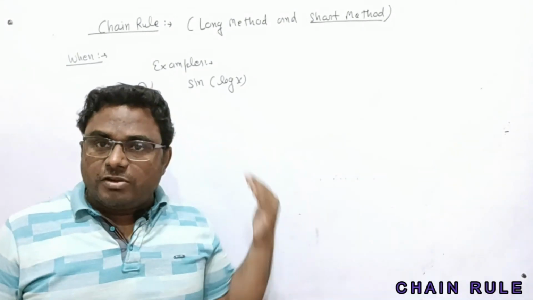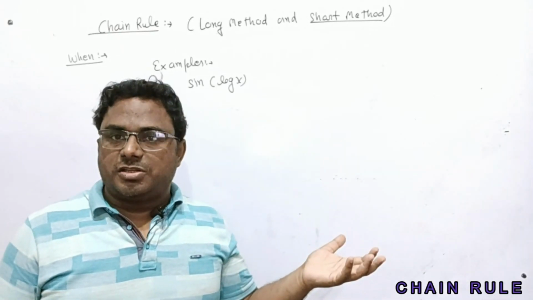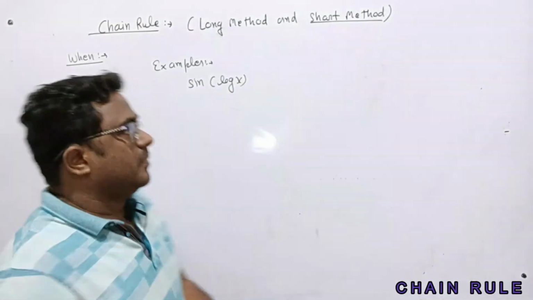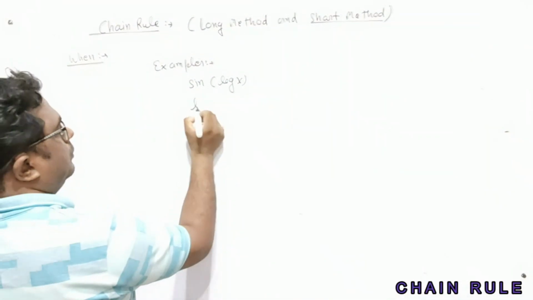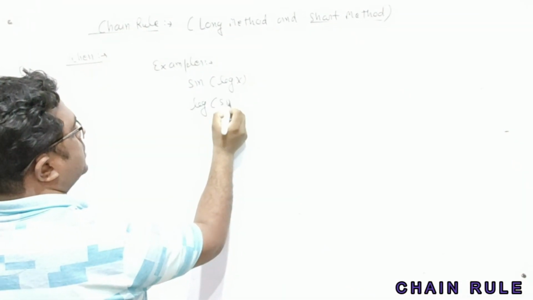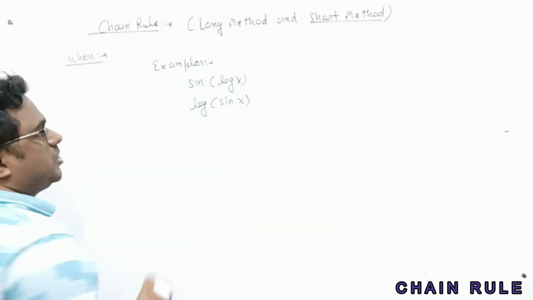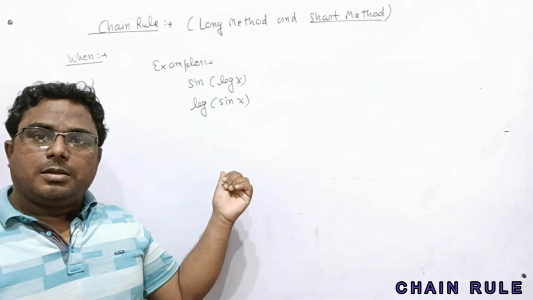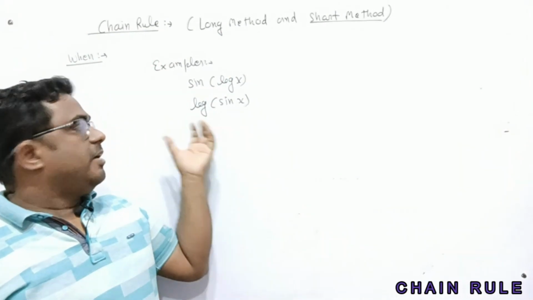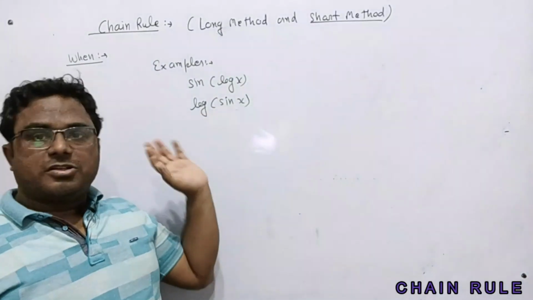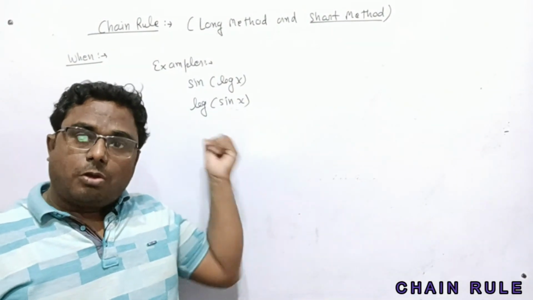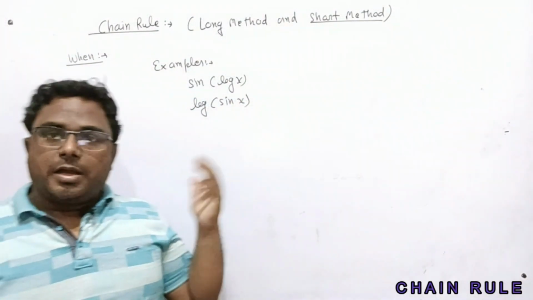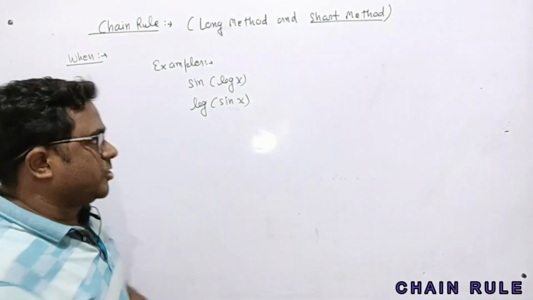So sine is the main function here and log x is the secondary function here, and I can say that it is a two-level composite function. If I say log of sin x, the situation is different. Here the main function is log and the secondary function is sine. So the log function has been expressed in terms of sin x. Again, it is a two-level composite function.